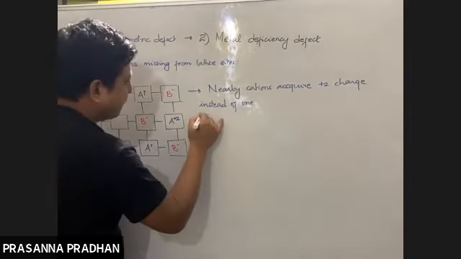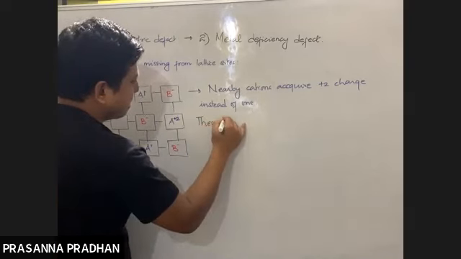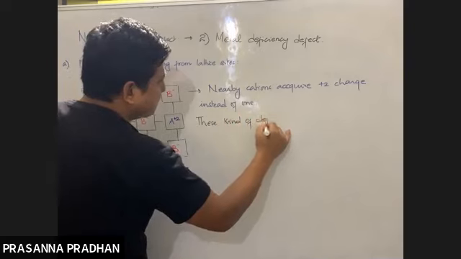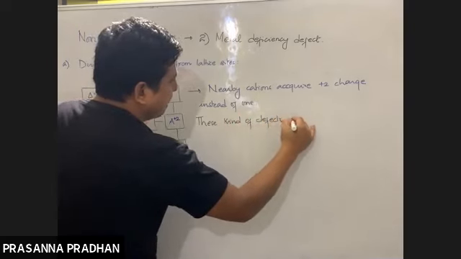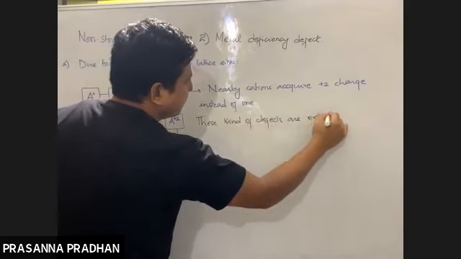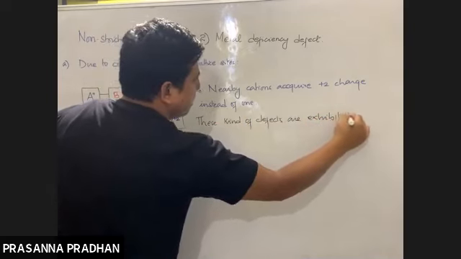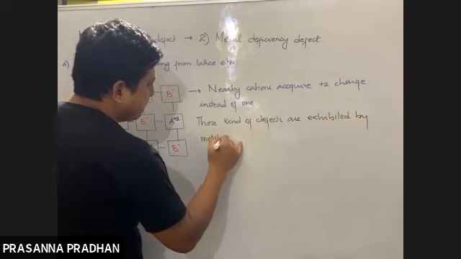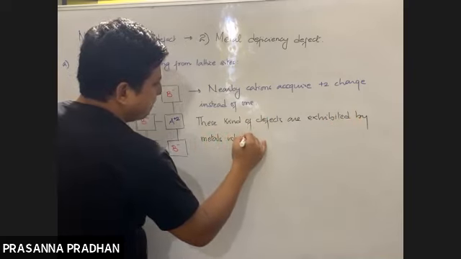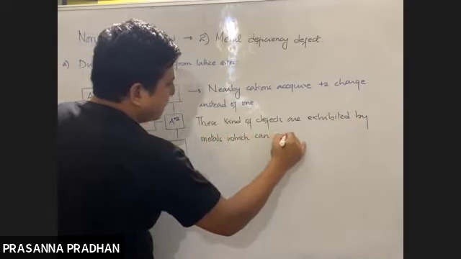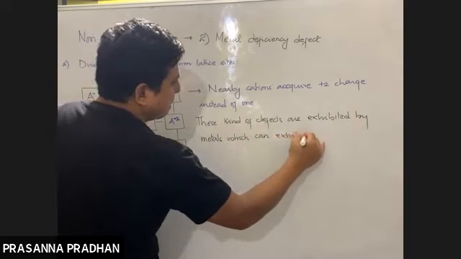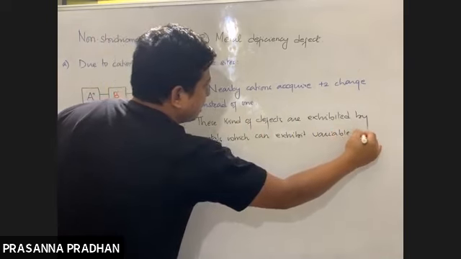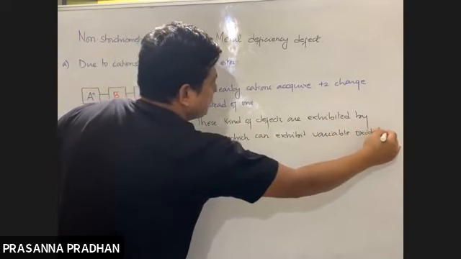So these kind of defect are exhibited by metals which can exhibit a variable oxidation state.